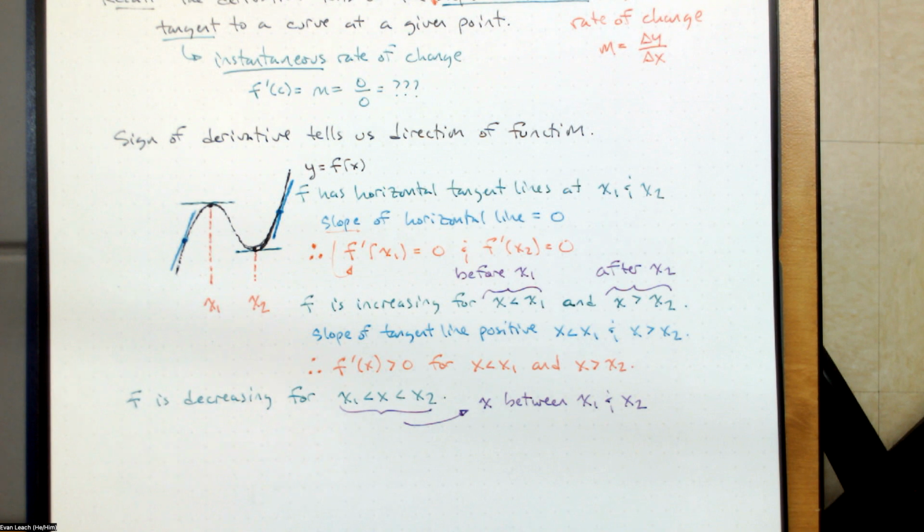If we look at the slope of the line tangent to the curve in between x1 and x2, we will see that the slope is going to be negative. The tangent line is headed down.